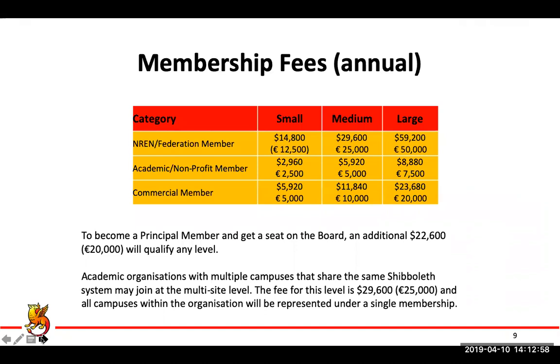The reason for this being it's less of an administrative burden. Obviously, for the consortium, it brings in a significantly higher amount, which is great for us. And it also means that everyone across any number of campuses would have access to the support from the development team. So we've currently got one member at that level. And we'd hope to see a few more.